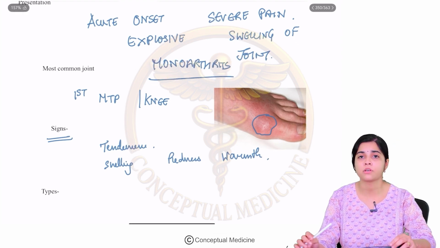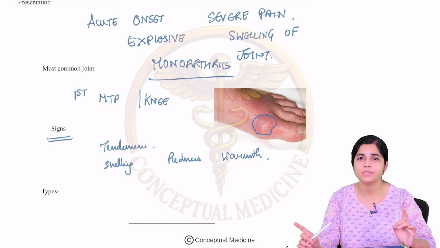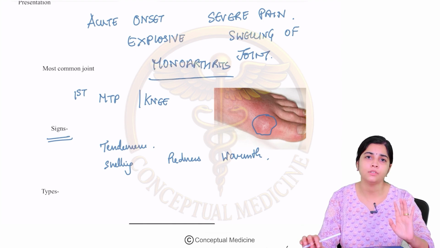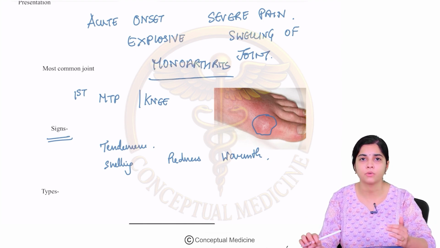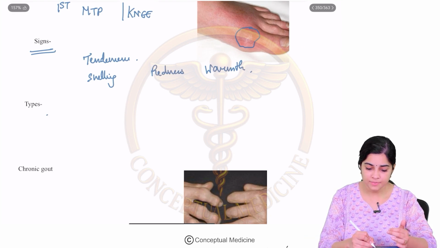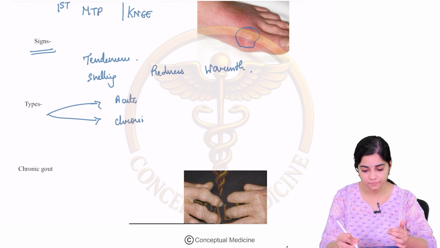Most often it is a monoarthritis, and in such conditions always remember that septic arthritis is a very, very important differential diagnosis because it is a monoarthritis. Alright, fine. So what are the types? It is classified as an acute gout and a chronic gout.